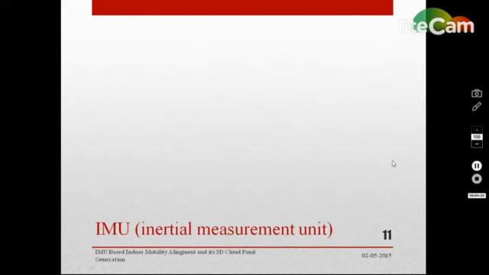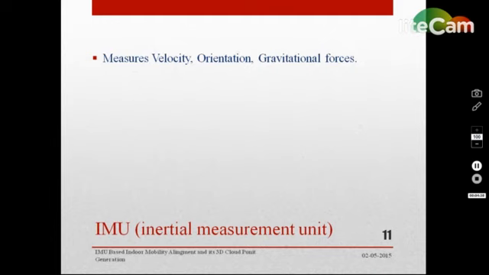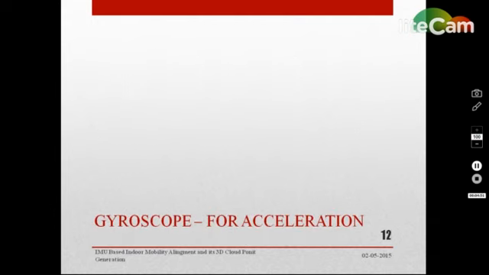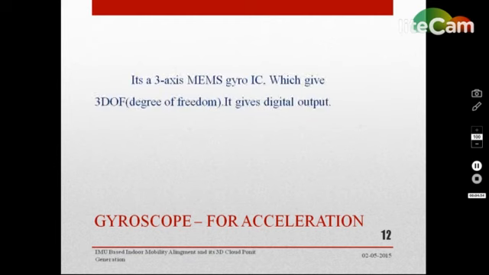The IMU here we used is a 10 degree of freedom IMU. It measures the velocity, orientation, and gravitational pull using a combination of several sensors like gyroscope, magnetometer, accelerometer, and barometer. The gyroscopic sensor is a 3-axis MEMS gyroscopic IC which detects the rotation rate about the XYZ axes, such as roll, pitch and yaw.